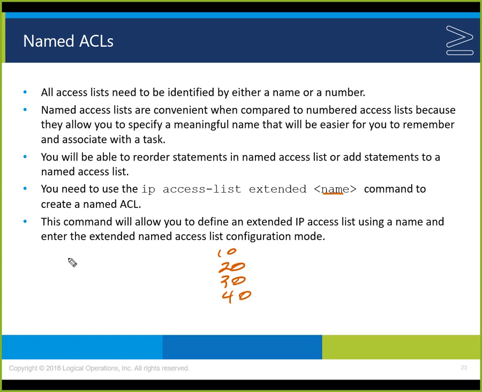In the standard numbered lists, we start at the top, and when we add something, it gets added at the bottom. In this one, we can add something in between. If we decided we need something in here, we could start it with 15 and then whatever the statement was, and it would insert that 15 in here.